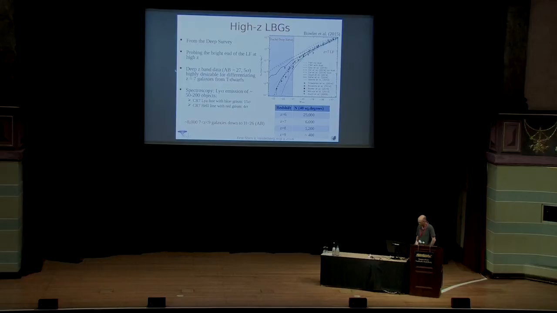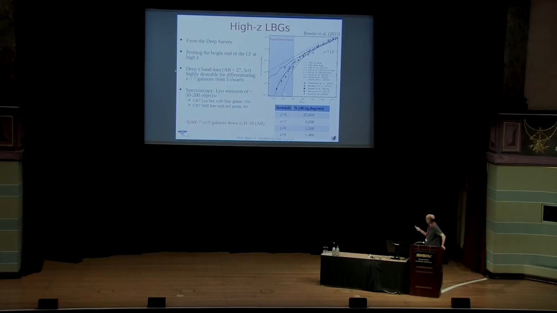High redshift Lyman break galaxies. So here, what Euclid will do is to probe the bright end of the luminosity function at high redshift. So for the contamination issues that I was mentioning just before, it is highly desirable to have deep Z-band data, but it is unclear whether we will be able to get this data, or at least part of it.